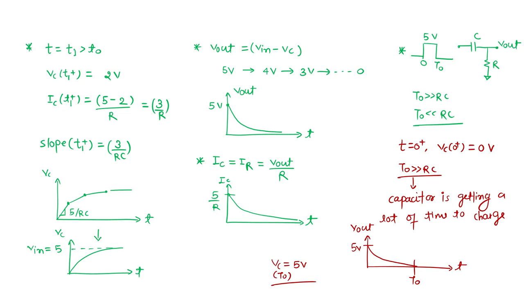Now, if my excitation is removed, I should consider the second case. At T equal to T naught positive, because T naught is much greater than RC, my capacitor is already charged to 5 volt. Okay, so now the excitation is 0. This is my R, this is our V out, and V out is 0 at this point.